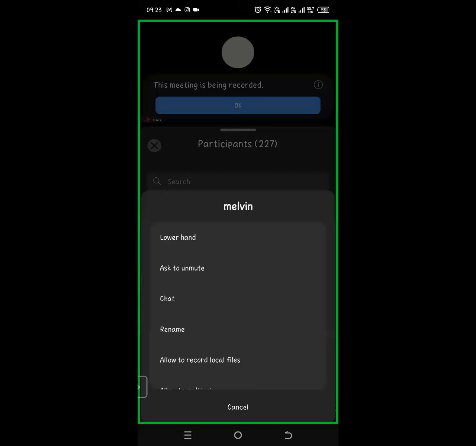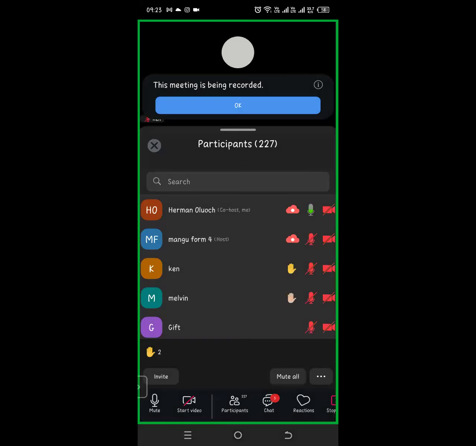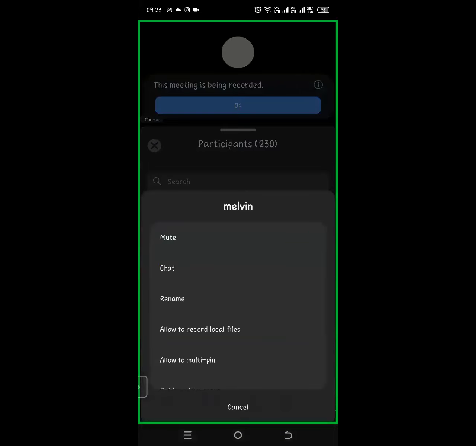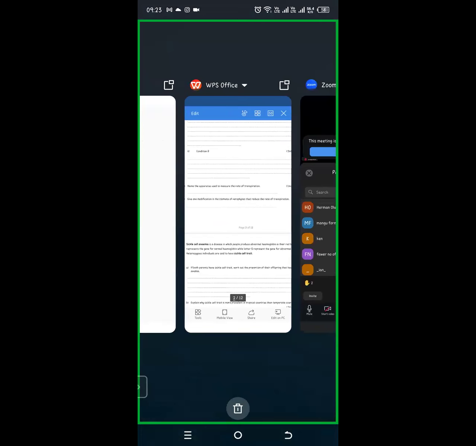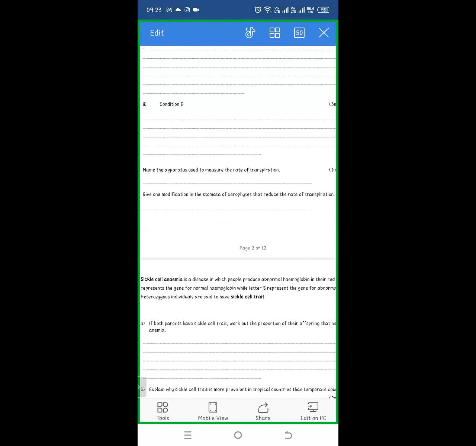Remember, guys, here we are talking about the modifications. Melvin, you can speak. Hairy stomata. And those are the three structural modifications in the stomata of xerophytes that bring about a reduced rate of transpiration.